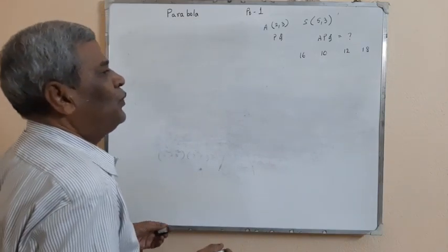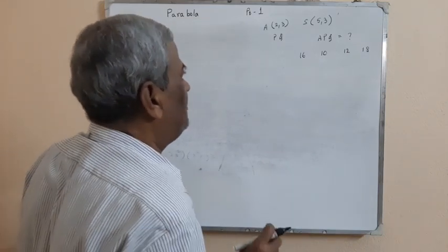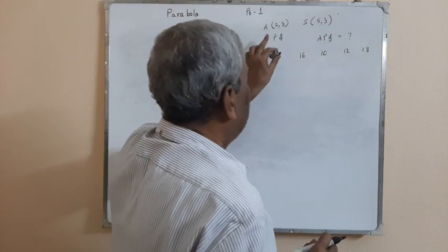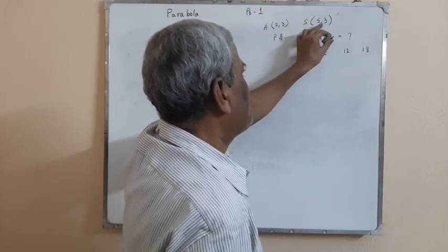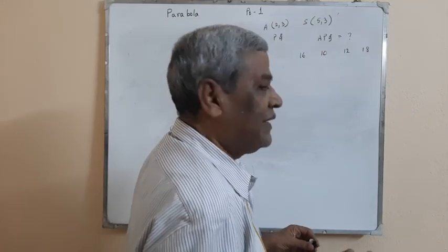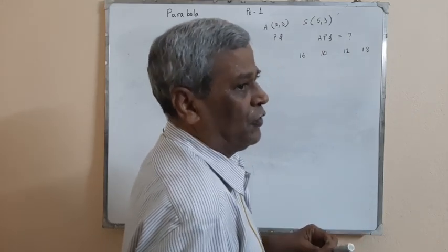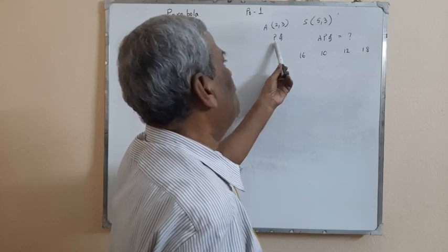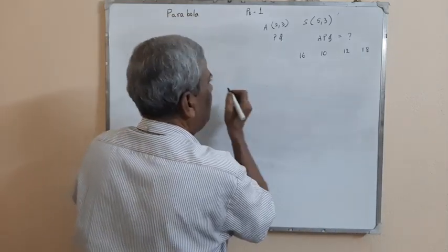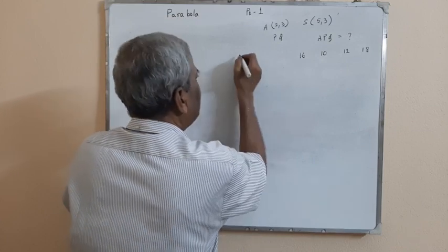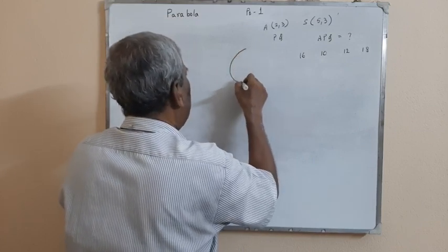Let us see what is the exact problem. For a parabola, its vertex is given and focus is given. And obviously, it is not given in standard form. And PQ is its length of latus rectum. So without drawing axis, suppose this is a parabola.